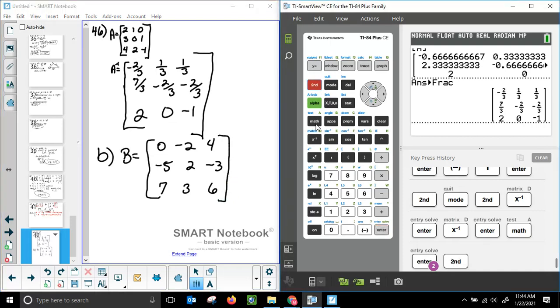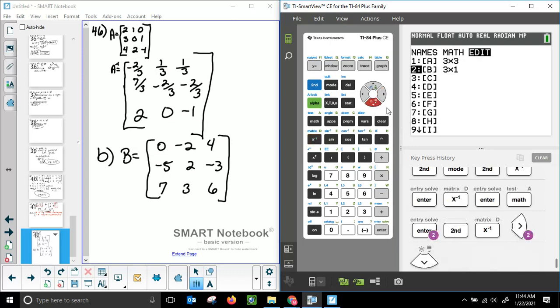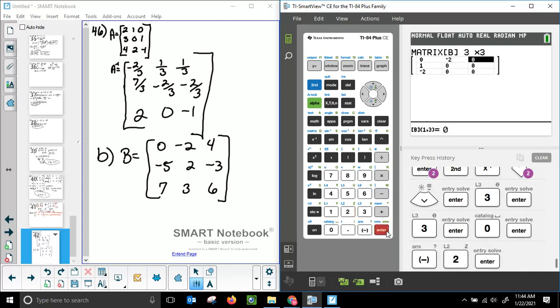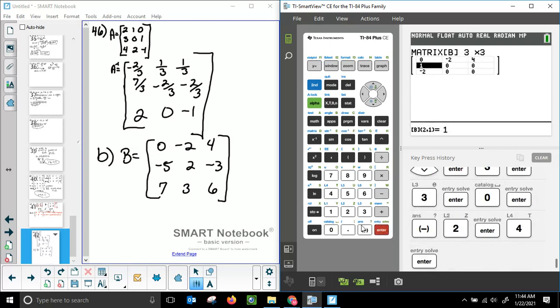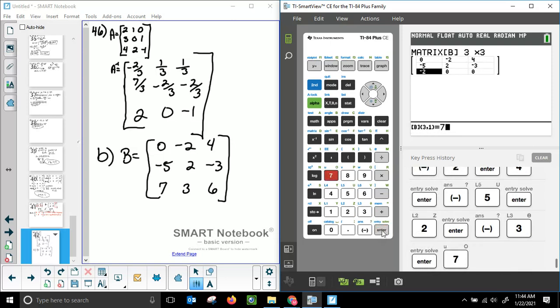So I go back to the matrix menu. I'm going to edit matrix B. It is a 3 by 3. We have 0, negative 2, 4, negative 5, 2, negative 3, 7, 3, 6.